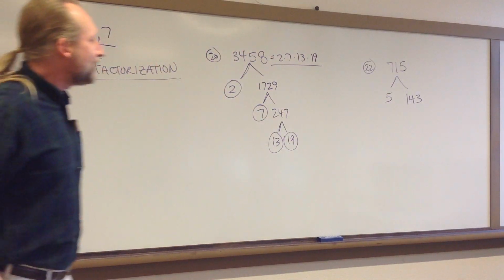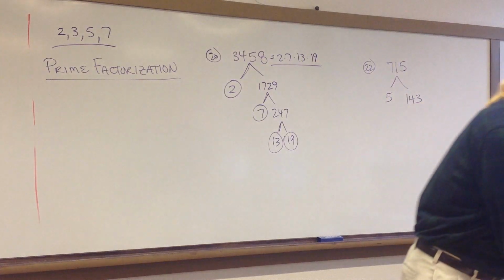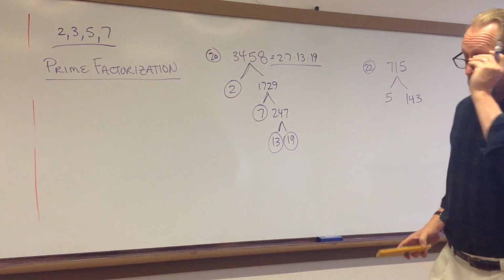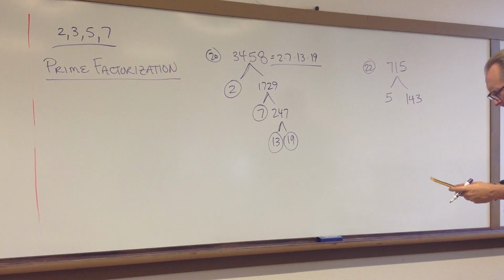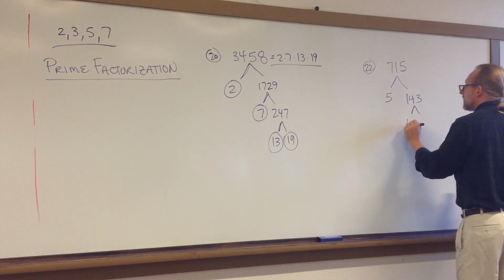And I suspect if we divided that by 7, we wouldn't get a whole number either, because I suspect that this is 13 times 11. 143 divided by 7, not a whole number. But 143 divided by 11 is 13. Yeah. So this is 11 times 13.